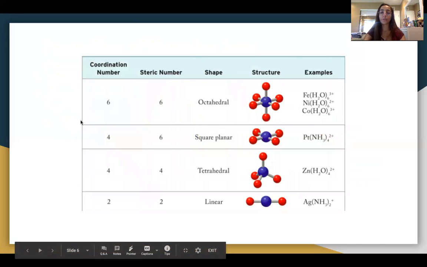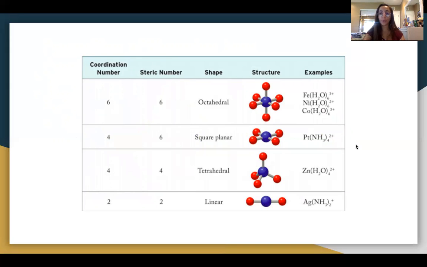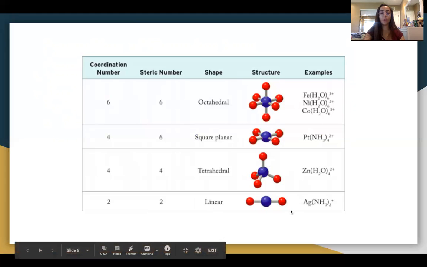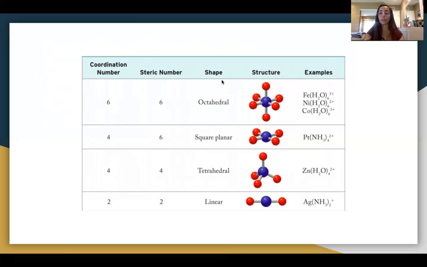She also gave some examples, also found in the book, of some complex ions. You should know the coordination number equals the number of ligands. So we have 6 here, we have 4, 4 on this side, 4 here, and then 4 and 2 and 2. Hopefully you remember from CHEM001A what the steric number means, the shapes, and some examples.